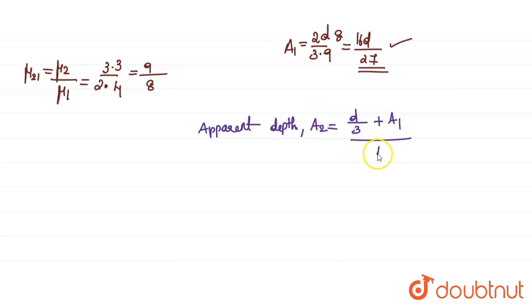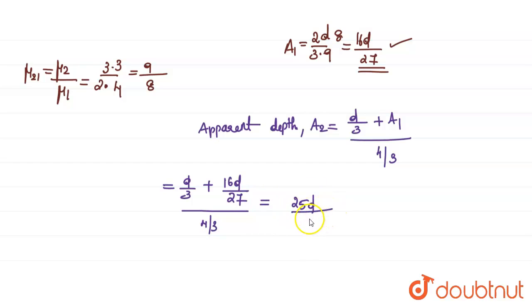So it is divided by mu1, which is 4 by 3. Then D by 3 plus A1, where A1 is 16D divided by 27, whole divided by 4 by 3. On calculating, taking the LCM, we get 25D divided by 36.